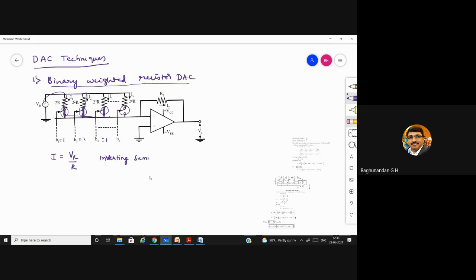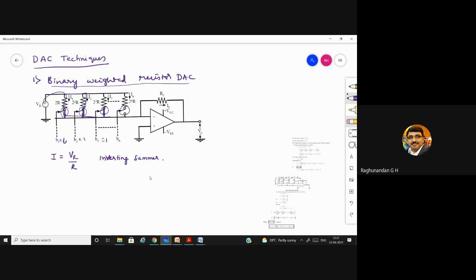summer or inverting adder. So all the currents which are coming here are going to pass through this, and obviously it is going to add up all of them. The voltage drop across these R values will be combined and given at the inverting terminal. So it is going to act as an inverting summer.